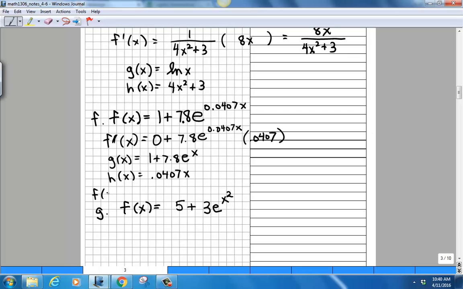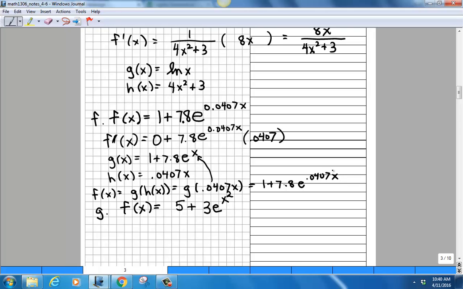Let's check that, just to make sure that's correct. If I do g of h of x, h of x is 0.0407x. And then g just plugs all this in for x. So you would have 1 plus 7.8 e to the 0.0407x. Is that the original formula? Yes, it is. So that's the correct decomposition.